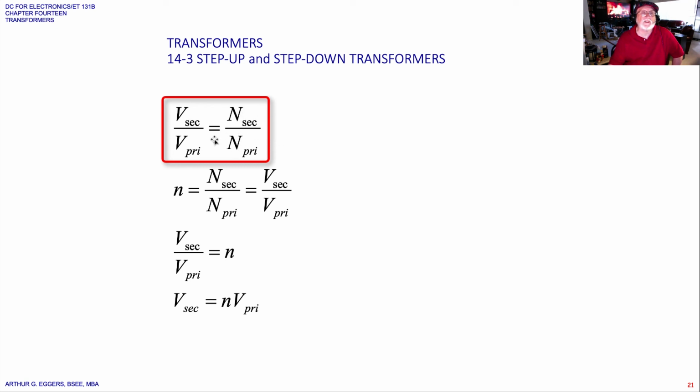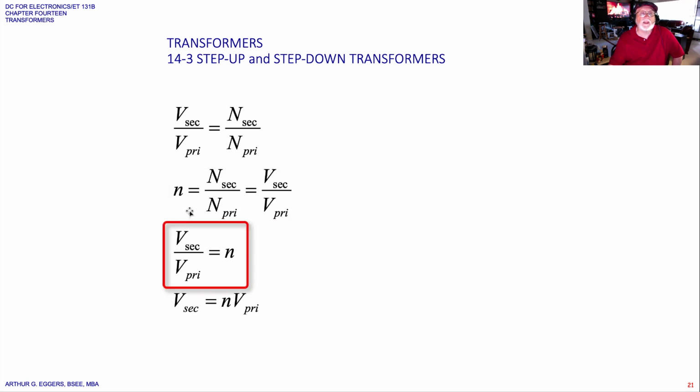So they match here. If we want to determine the ratio, the turns of the secondary divided by the turns of the primary equals the voltage of the secondary divided by the voltage of the primary, then we can see that the turns ratio will equal the voltage relationship as well.